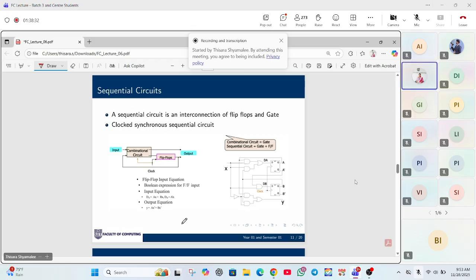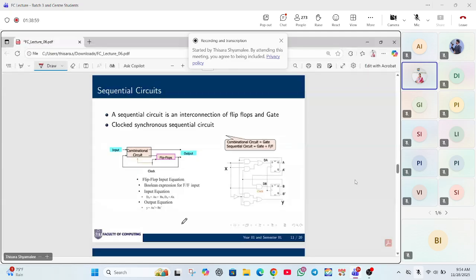Okay, sequential circuits. We can include flip-flops inside our circuit diagrams. The flip-flop works as a memory element, and we can convert our combinational circuit into a sequential circuit using a flip-flop.